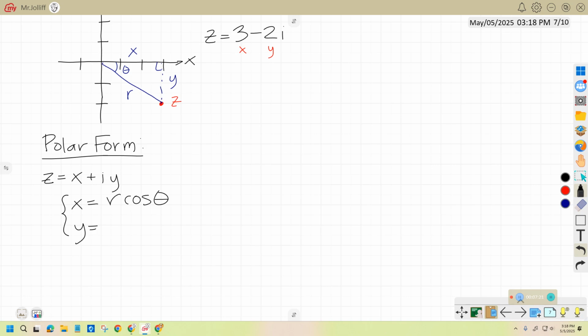Good. Which trig function do I want for y? Sine. y is always sine. Good. r sine theta. We're just going to make that substitution directly into that complex number.